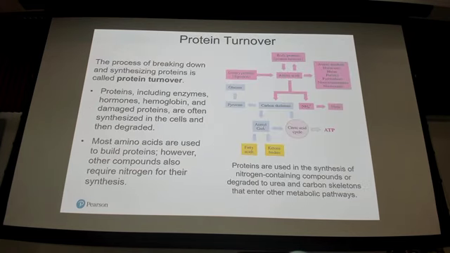So our body maintains a protein balance, so there's protein turnover. And so what happens is when we consume protein in our diet, they're broken down to amino acids. Those amino acids can be used to make other molecules that the body needs, such as nucleic acids, amino alcohols, of course, other proteins and enzymes.